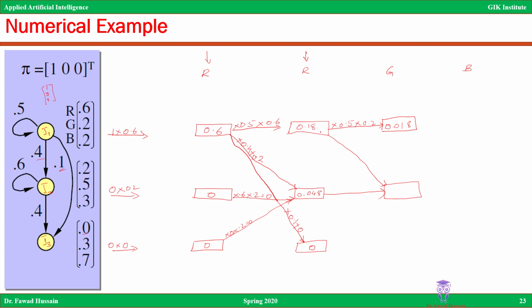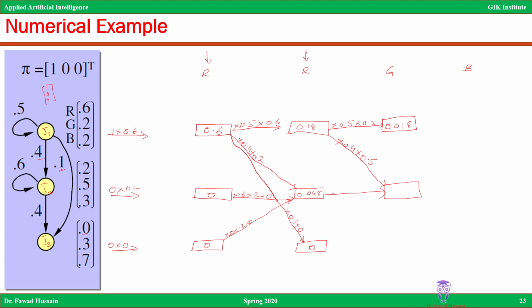So 0.18 multiplied by, from the first jar to the second jar, which is 0.4. So multiplied by 0.4, and the probability of selecting a green, which is multiplied by 0.5. So it is RGB, red, green, and blue. Green is 0.5. And so we have this, but we're not going to put it here.